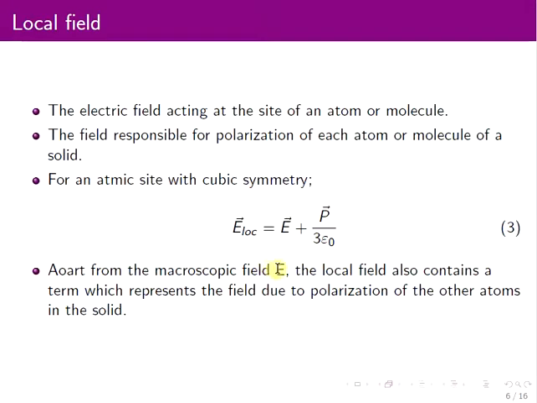So apart from the macroscopic field, the local field also contains a term which represents the field due to the polarization of other atoms in the solid. So this is the local field, the sum of the applied macroscopic field plus P by 3 epsilon naught, and this term is due to the polarization of other atoms in the solid.